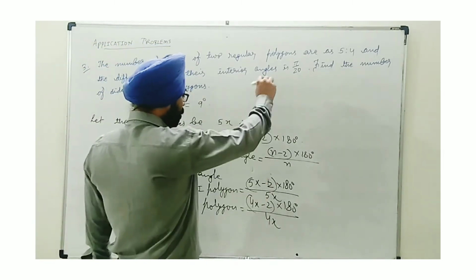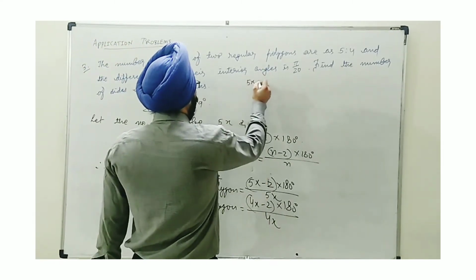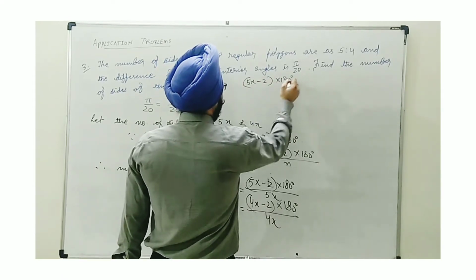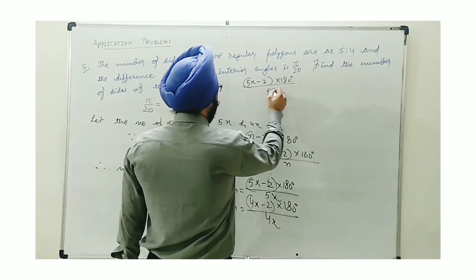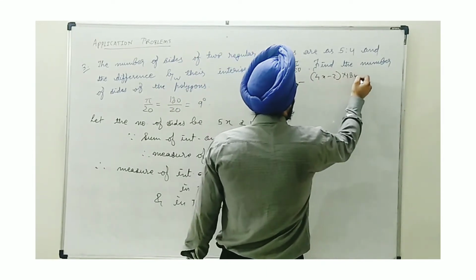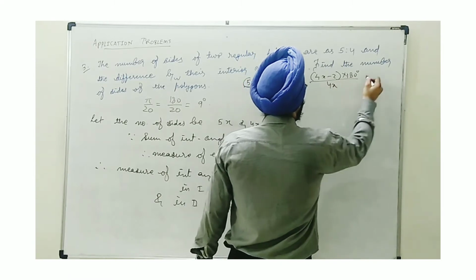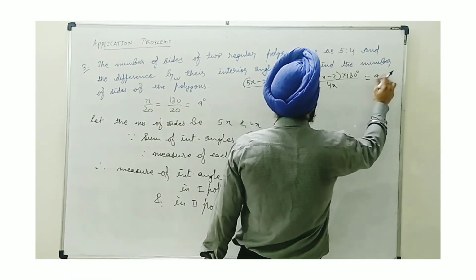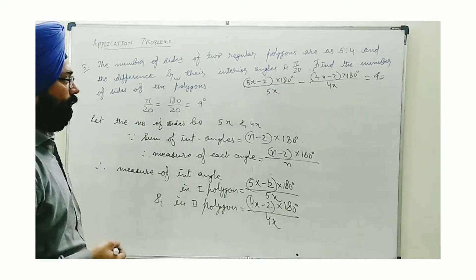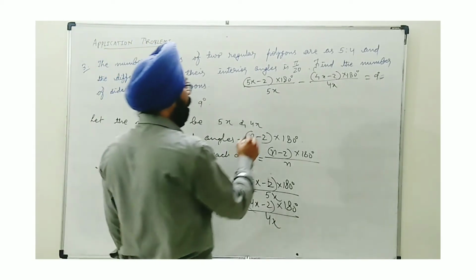So we can write (5x minus 2) into 180 degrees upon 5x, minus (4x minus 2) into 180 degrees upon 4x, as 9 degrees. We have obtained. Now the only thing we need to do is simplify. Let's start.